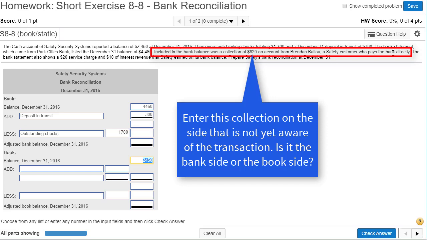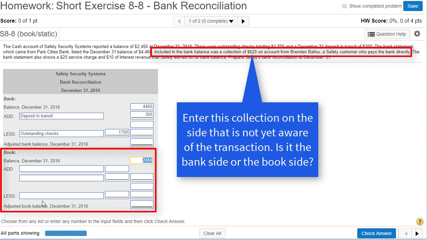We do not know about this collection because the bank collects it for us until we get the bank statement. So the bank statement already shows this, but our book side, in other words, our accounting records, do not show this. So we have to show this $620 collection. And since we are collecting the cash, we're going to put it under the add. So bank collection, and it's for $620.